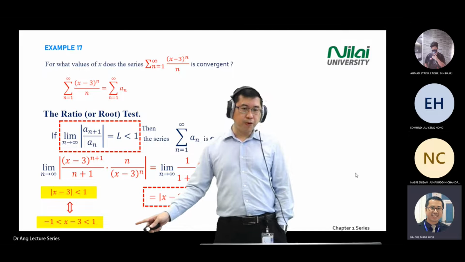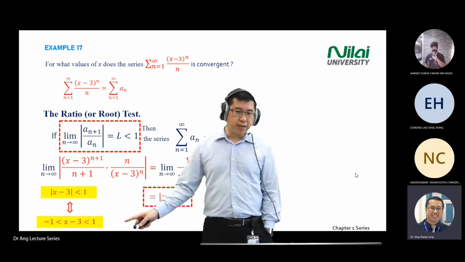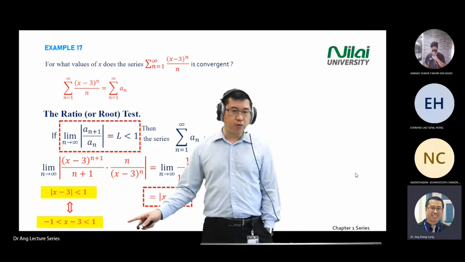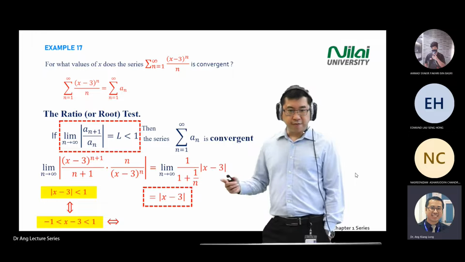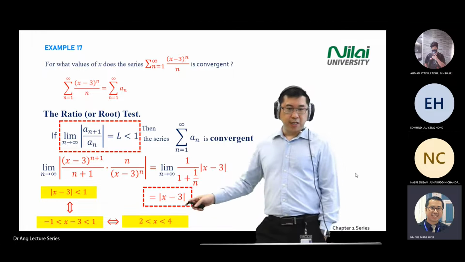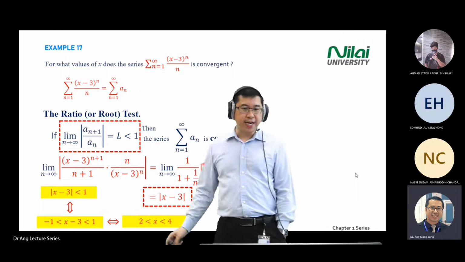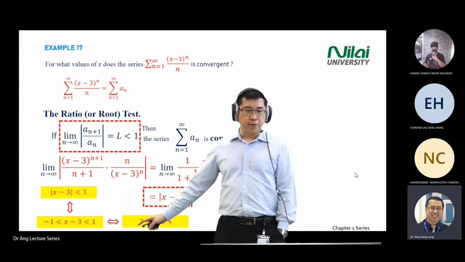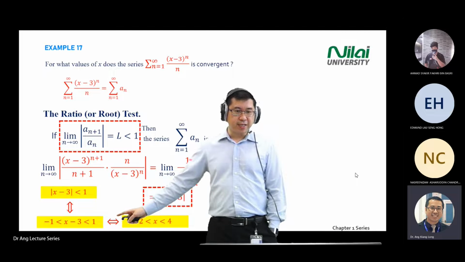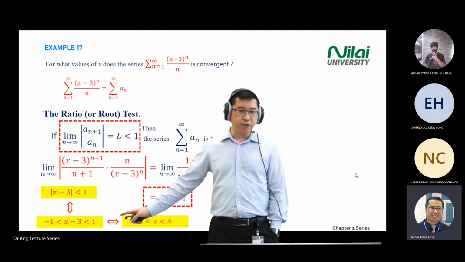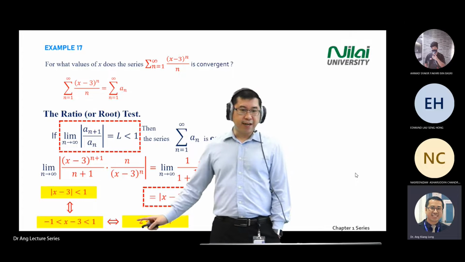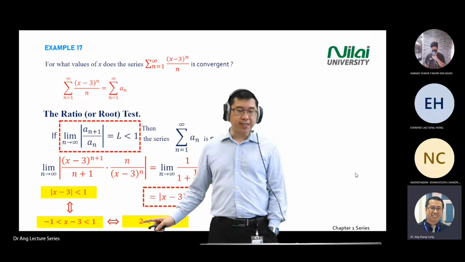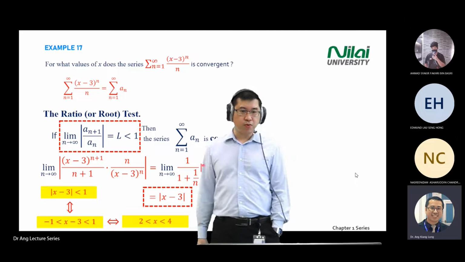If you remove the goalpost, it means x minus 3 will be between 1 and minus 1. Then you do a further calculation again. There's a minus 3 in the middle. You move your minus 3 to the left and right. On the left, minus 1 plus 3, you get 2.